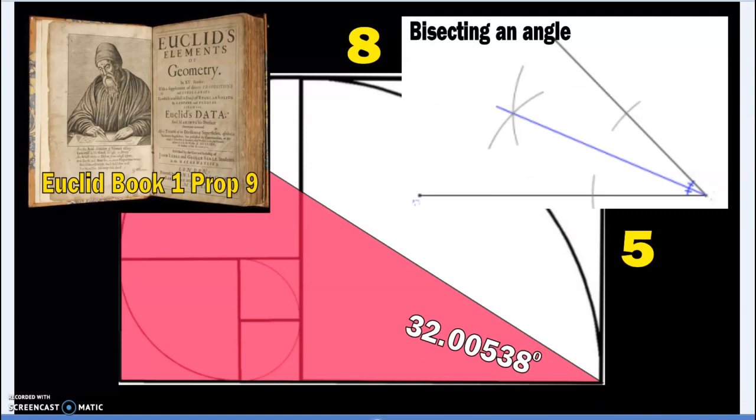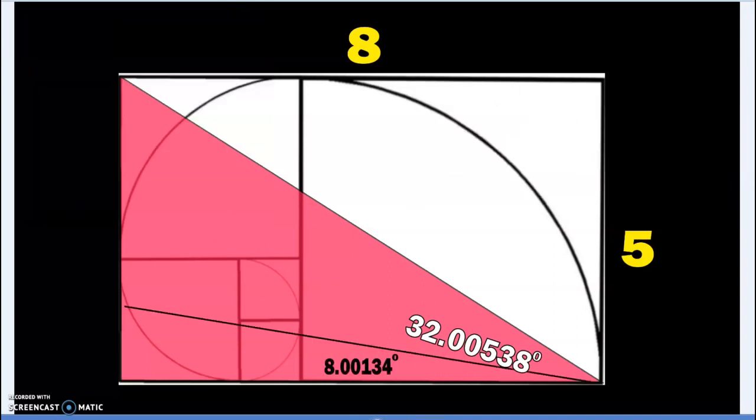Using the laws of geometry, such as in Euclid Book 1, Prop 9, we can bisect an angle. We can cut any angle in half, and we can do this with super accuracy based on the compass and straight edge rules. Therefore, I can divide that angle, then divide it again. 32 divided by 4, we get 8.00134, give or take a tiny fraction of a degree.